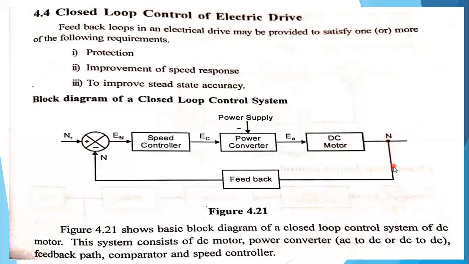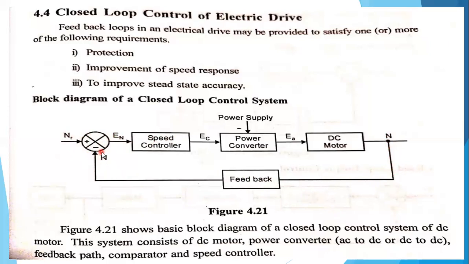The actual speed is compared with the reference speed NR, and the difference NR minus N is called the error signal, that is called EN.